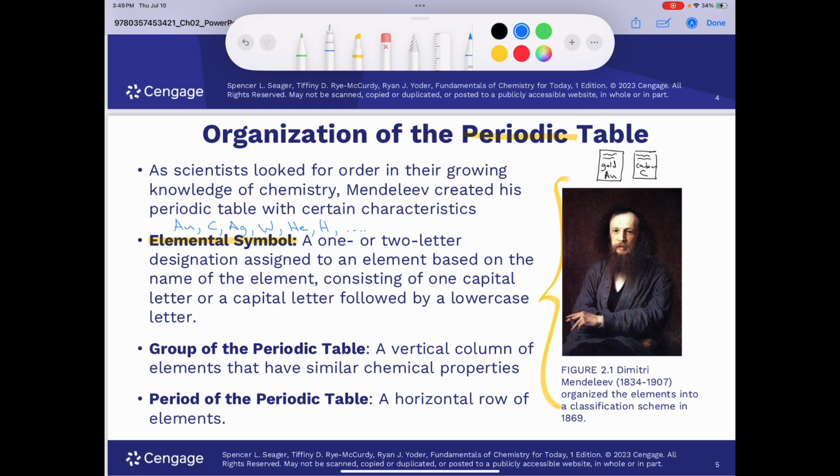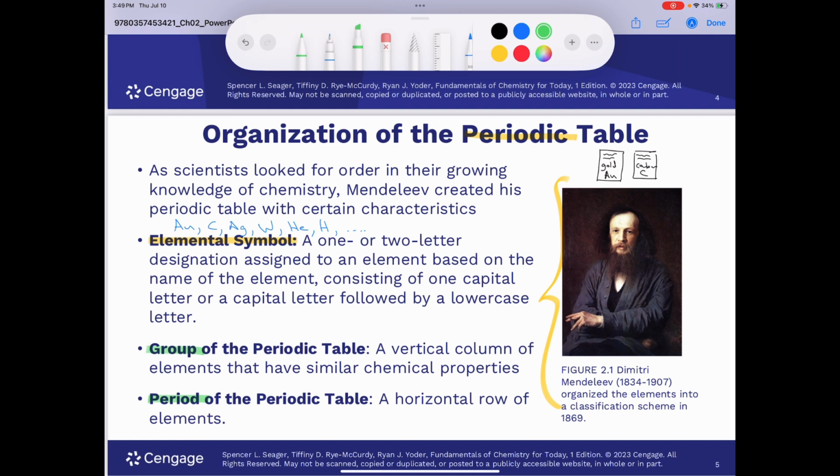But you see the elemental symbols are either one or two letters that we use to designate each element, okay? And then furthermore, the periodic table is divided into groups and periods, okay?